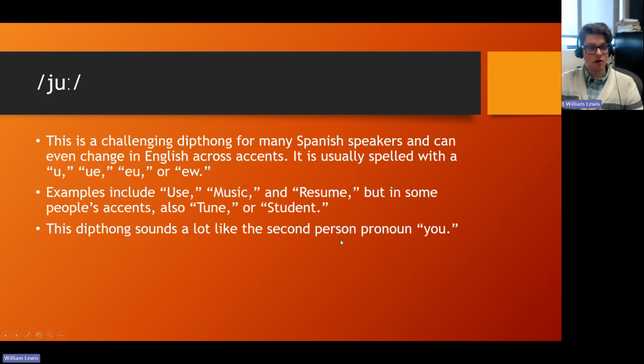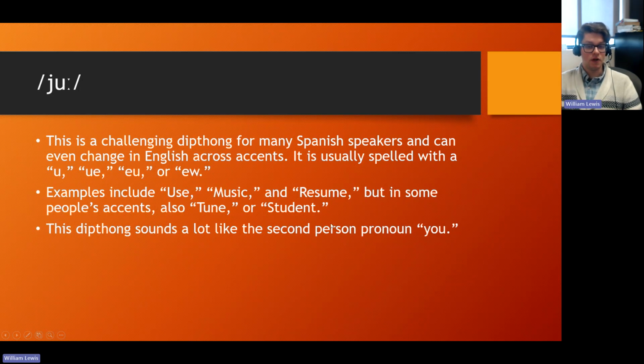This next diphthong we call U, and this is pretty challenging for many Spanish speakers and can even be challenging for English speakers across different accents. It is commonly spelled with just a single U, but you can also find it with a UE, an EU, or an EW.